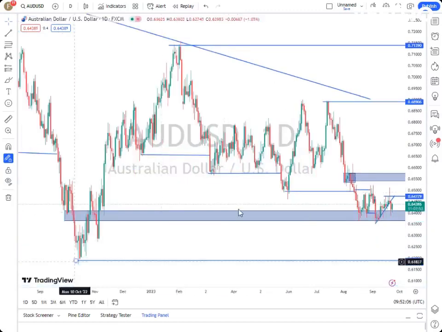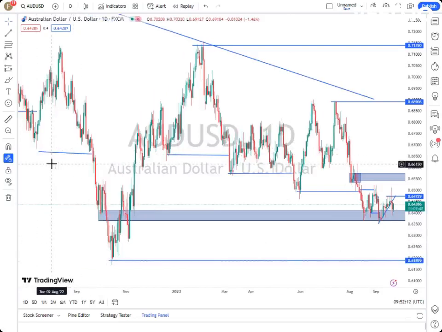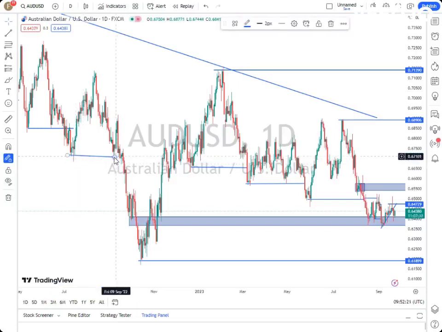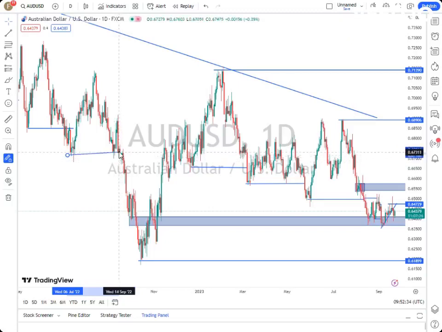And at the time you can see that AUD, after the new low that was created at this point, this low, let me adjust this very well.